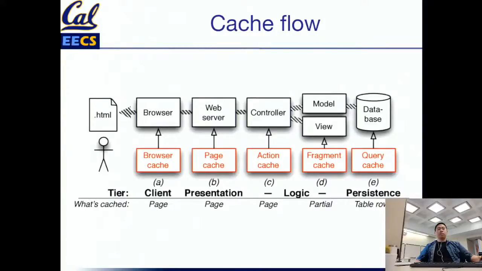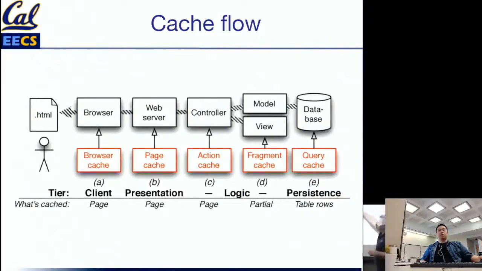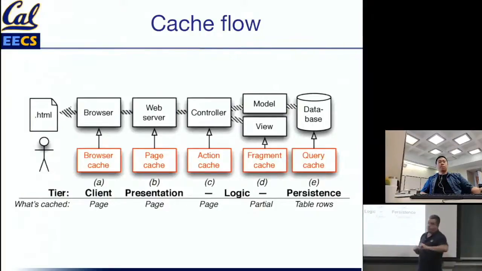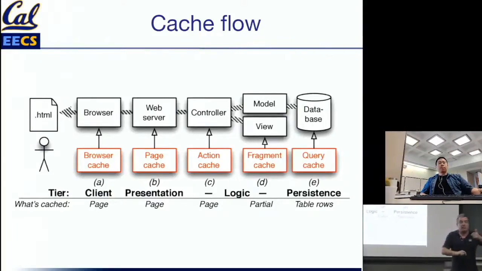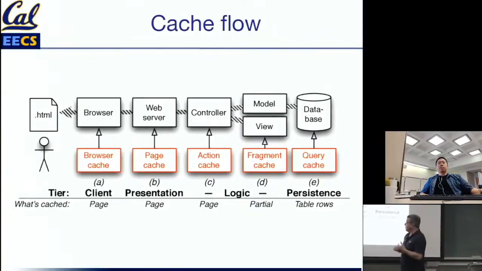It may very well be that the content, the page you would see corresponding to that action hasn't changed since the last time you visited, but there has to be a check for you being logged in, otherwise you're not allowed to go to that page at all. So these are cases where effectively you are still able to serve a copy of the entire page, but there is some application-specific logic that has to be run first to make sure to give it the green light. And in Rails, that's done with what's called the controller action cache.